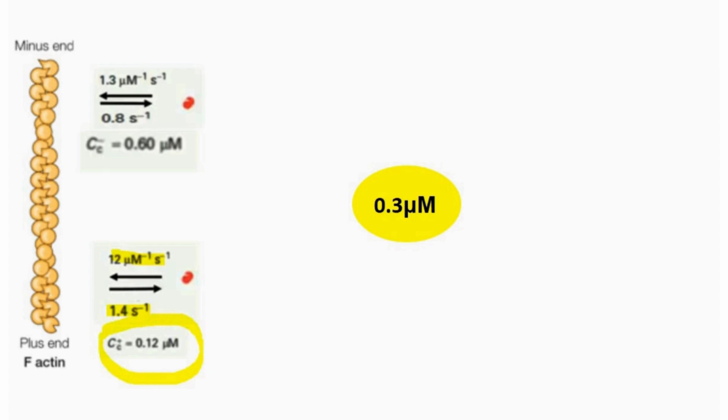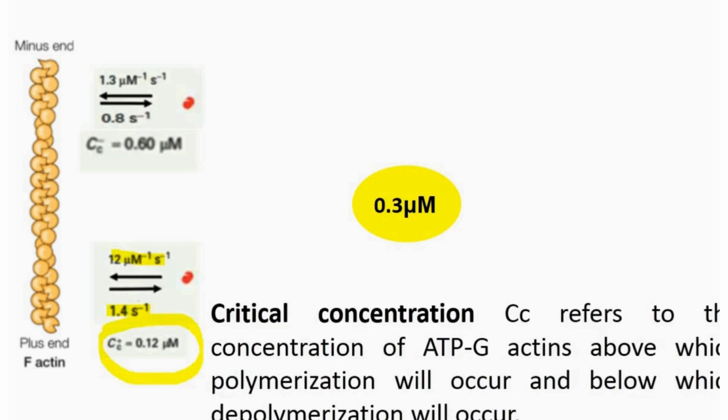So critical concentration refers to the concentration of ATP-bound G-actin, globular actin, above which polymerization will occur and below which depolymerization occurs. So here you see 0.3.